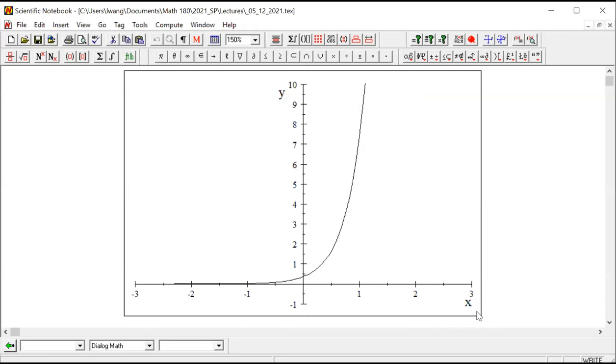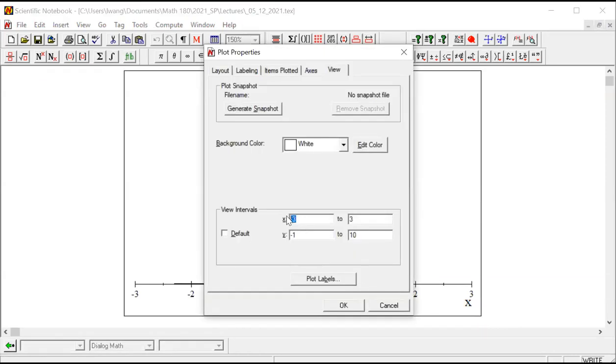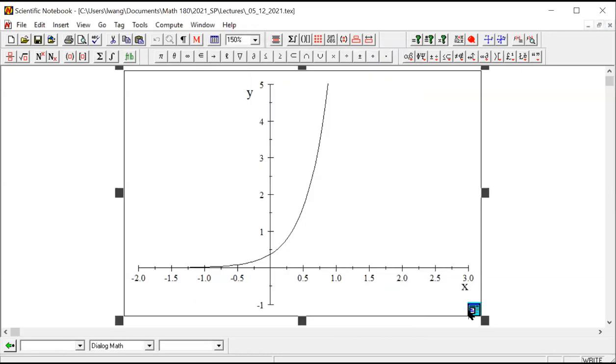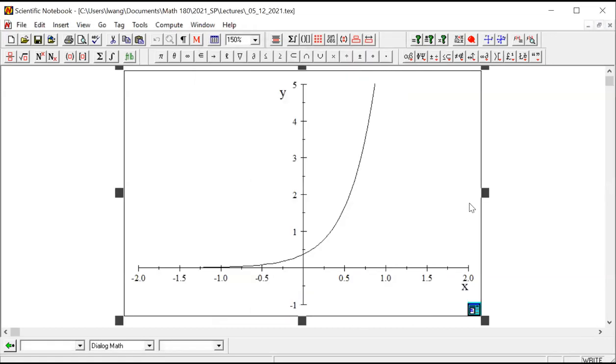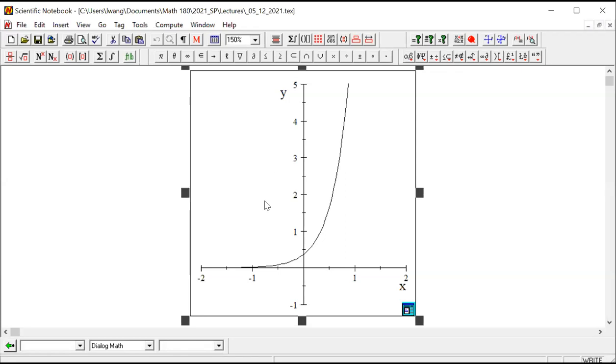Let me stretch it just a little bit more. So -2. Stretching. There's some adjustment needed so you can see the picture well, right?